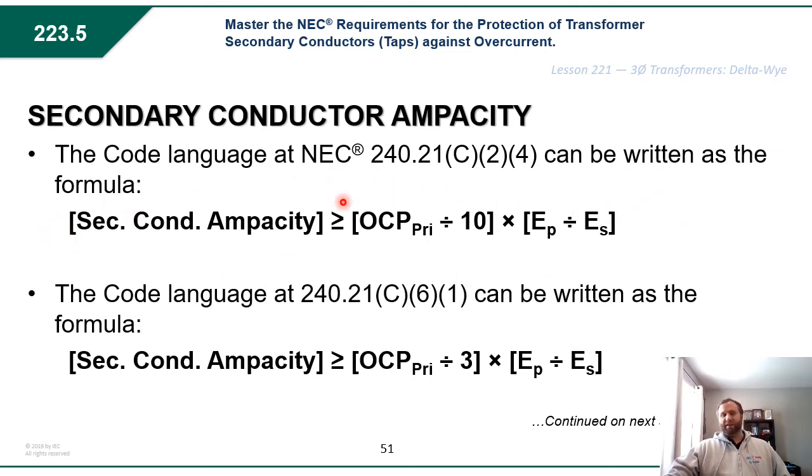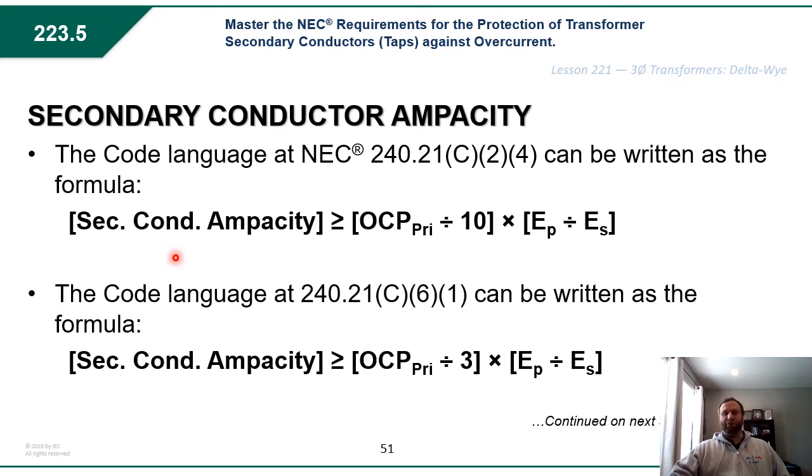Yet, if I'm taking that secondary conductor and I'm feeding a main panel board or main breaker board, and that main breaker is sized at 200, I cannot run 60 amp wire. 60 amp wire is a bare minimum according to this, but in the same code it says it has to be sized large enough to carry the load it's serving.